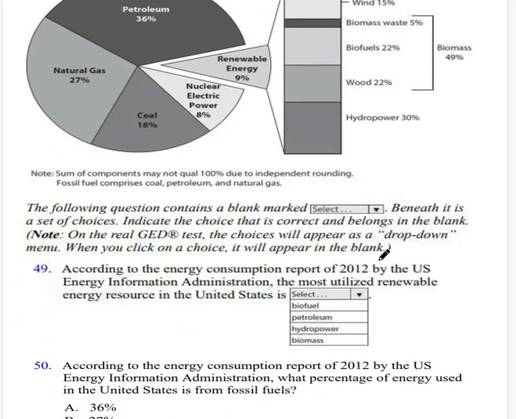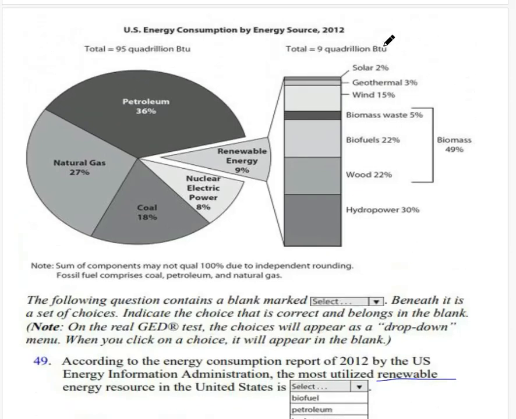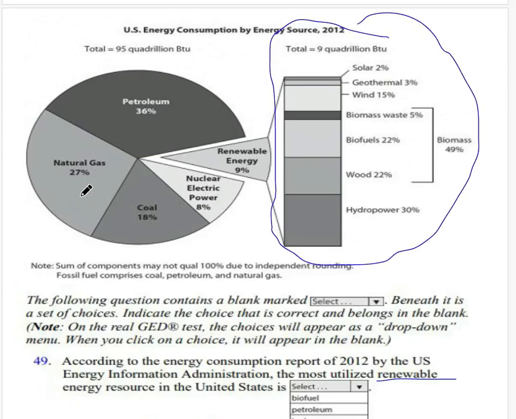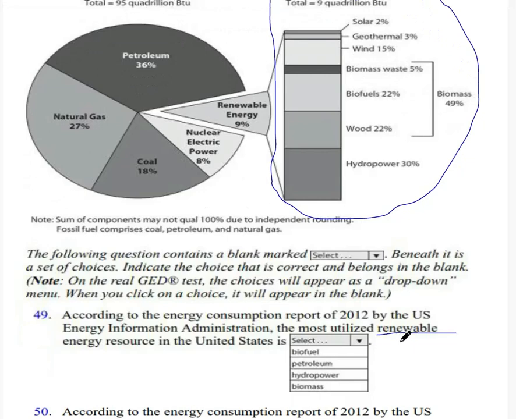According to the energy consumption report of 2012 by the US Energy Information Administration, the most utilized renewable energy resource in the US is, so it talks about the most used renewable. So we will just look at this part, not on this because it is non-renewable.